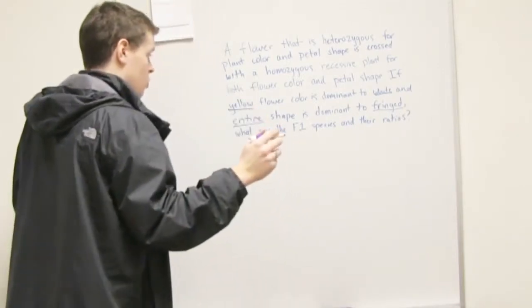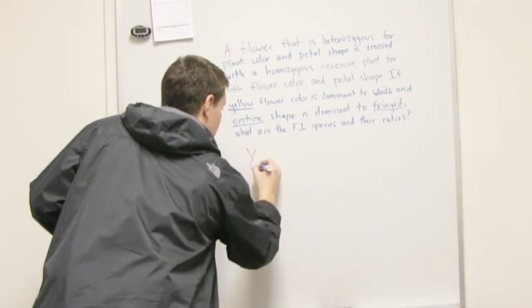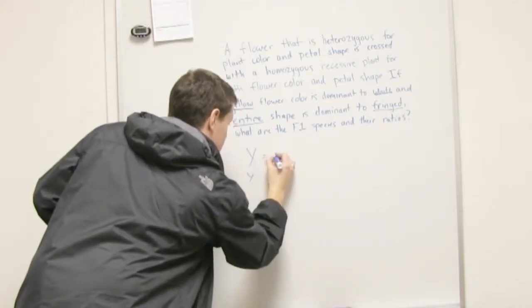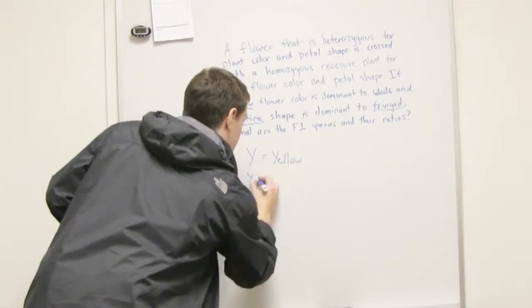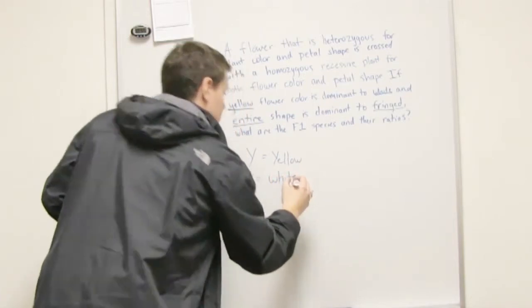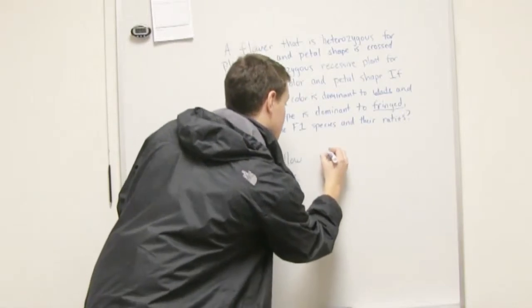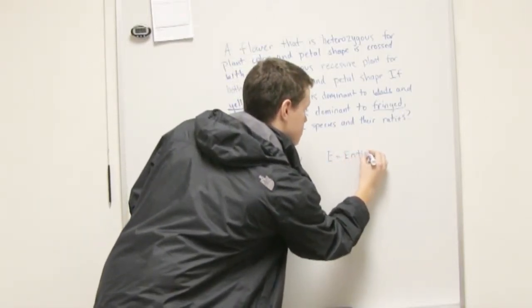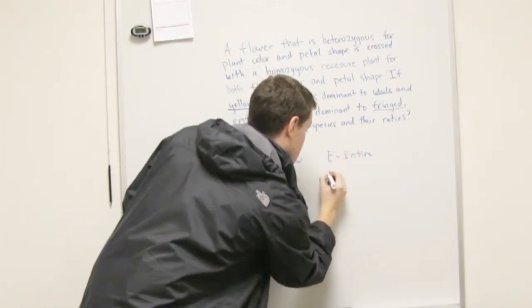If we use Y for yellow, we're going to have to be really careful because lowercase y looks a lot like uppercase Y. So if capital Y is yellow and lowercase is white, then for entire shape, we can use capital E for entire and lowercase e to represent fringed.